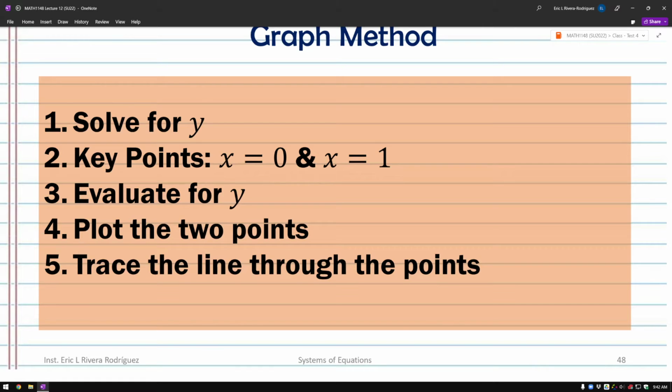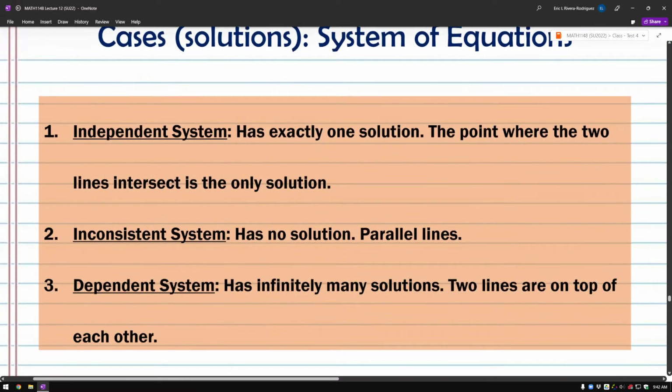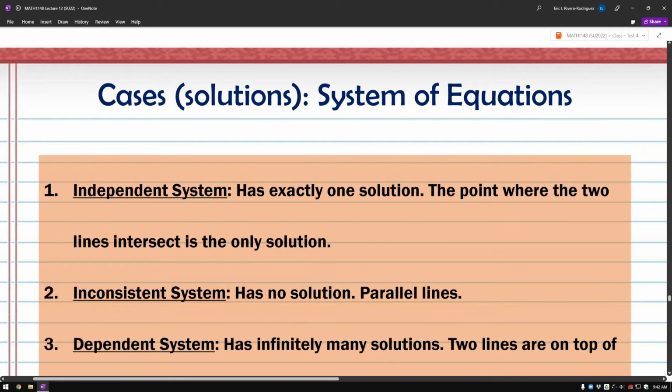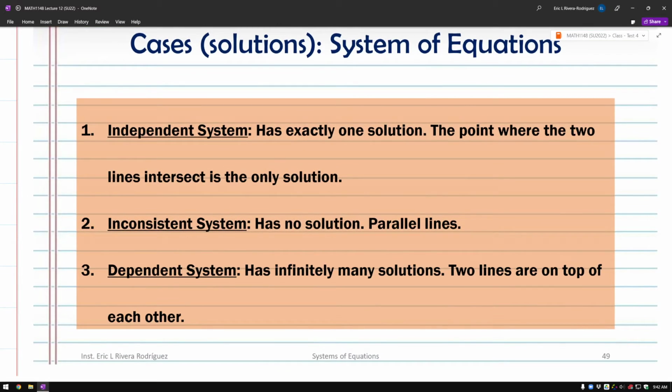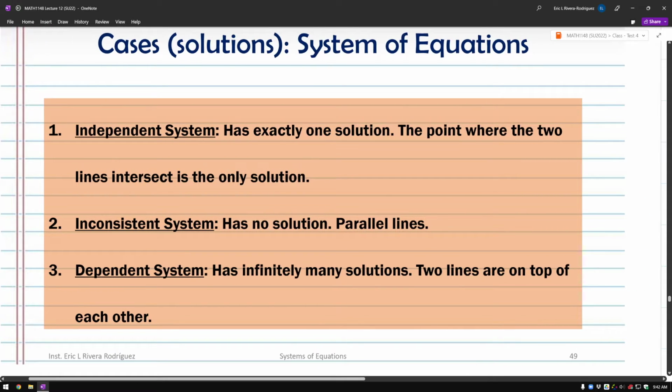The lines could intersect each other, could be parallel to each other, or could be on top of each other. So those are the three cases when we are solving linear systems of equations. Okay?